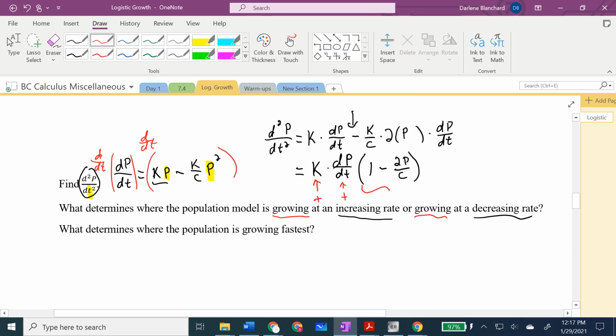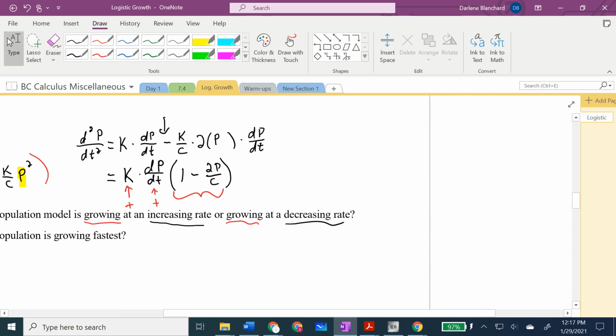That means it comes down to this expression. So first, we want to solve for population and find out what about the population causes the second derivative to equal 0.